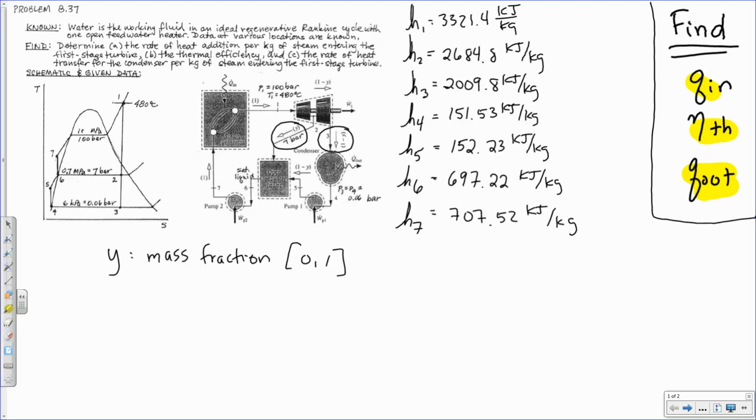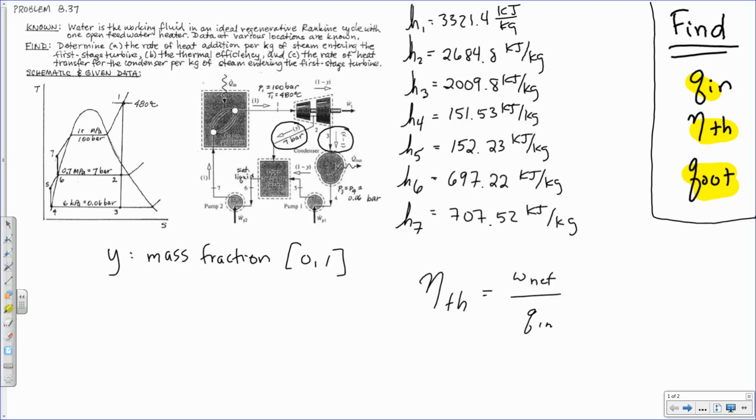The usefulness of our open feedwater heater is because we know that our thermal efficiency is dependent on the net work, but also dependent on Q in. So if we want to increase the thermal efficiency of our given cycle, then we can either increase the amount of work that's produced, or we can decrease the amount of heat that's required to go into our system.